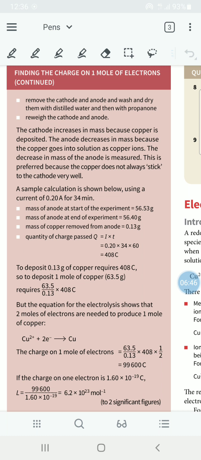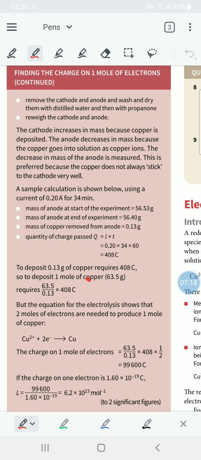So that means now this actually refers to the questions that we did earlier. By using 408 coulombs, we have obtained 0.13 grams of copper, right? So then to deposit 1 mole of copper, that is 63.5 grams, how much charge is required? That is what we'll have to figure out. So 0.13 gives 408. Then we use this equation here.